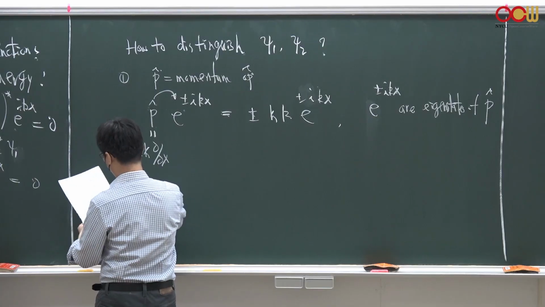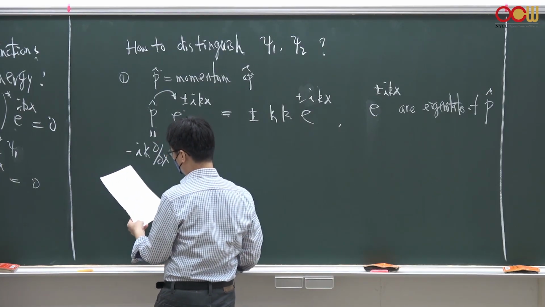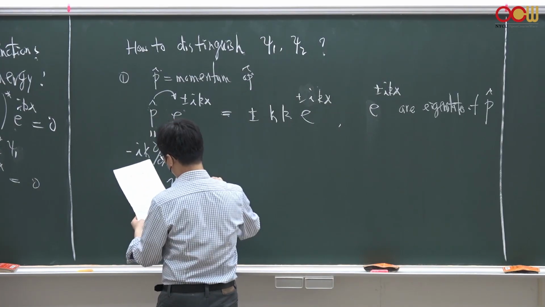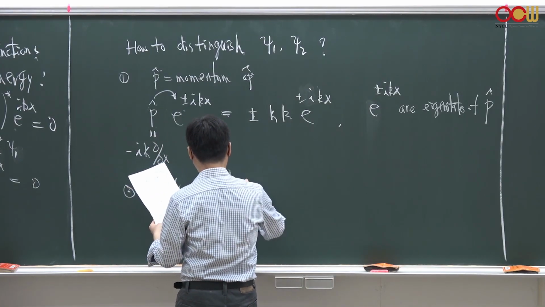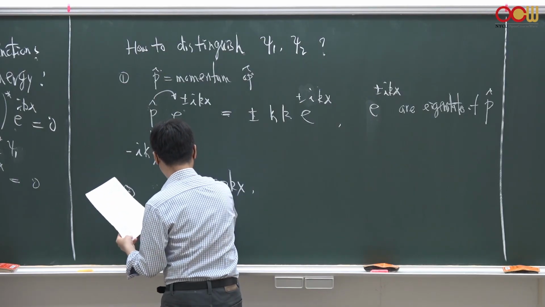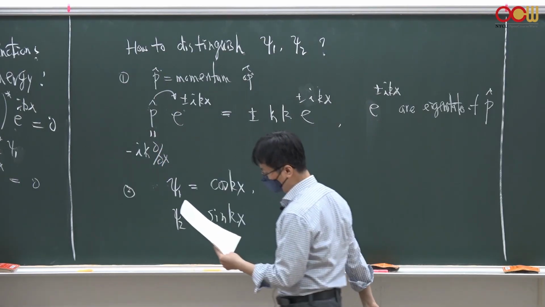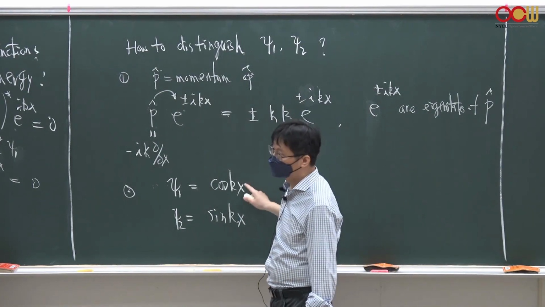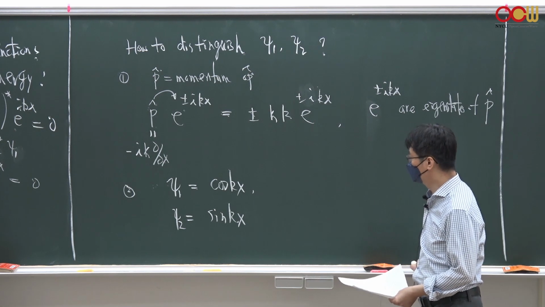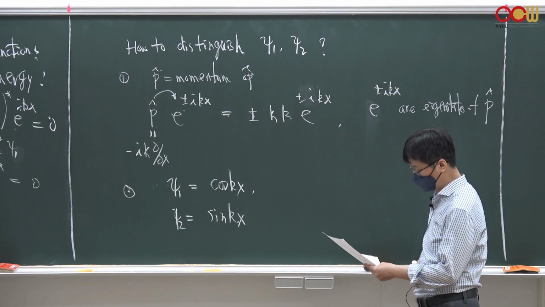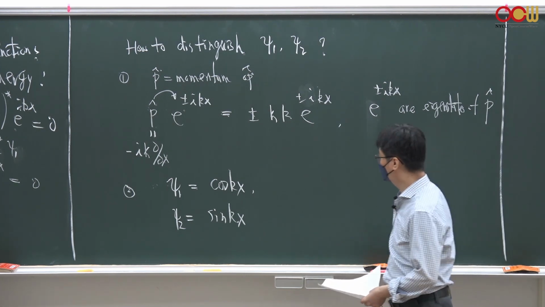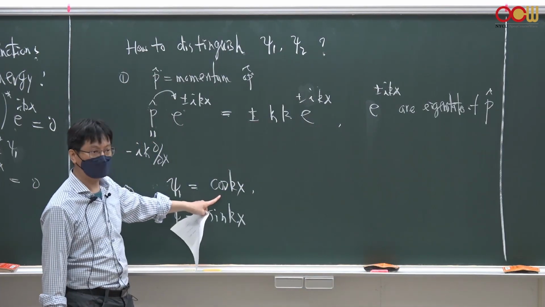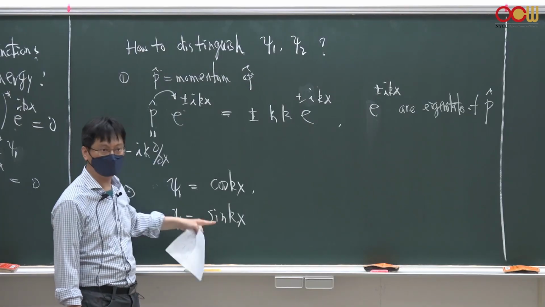Another way to distinguish these two, of course, is to use different examples. Suppose my psi 1 is cosine kx and psi 2 is sine kx. We know very well that these two could be eigenstates of a particle in a box. And we know very well that these two states are orthogonal, because cosine is an even function of x but sine is an odd function.